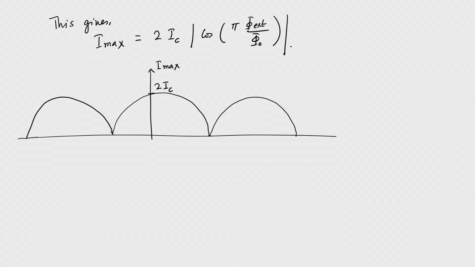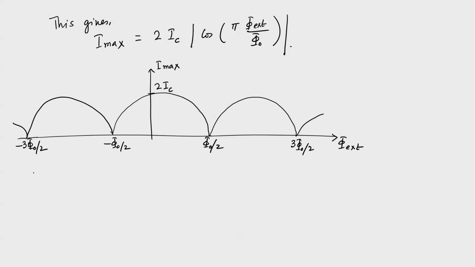So, this is the I max as a function of the external flux that is threading the loop, and that has a sinusoidal dependence. So, this is minus phi 0 by 2, this is phi 0 by 2. This is minus 3 phi 0 by 2, and this is plus 3 phi 0 by 2, and this of course goes like this.